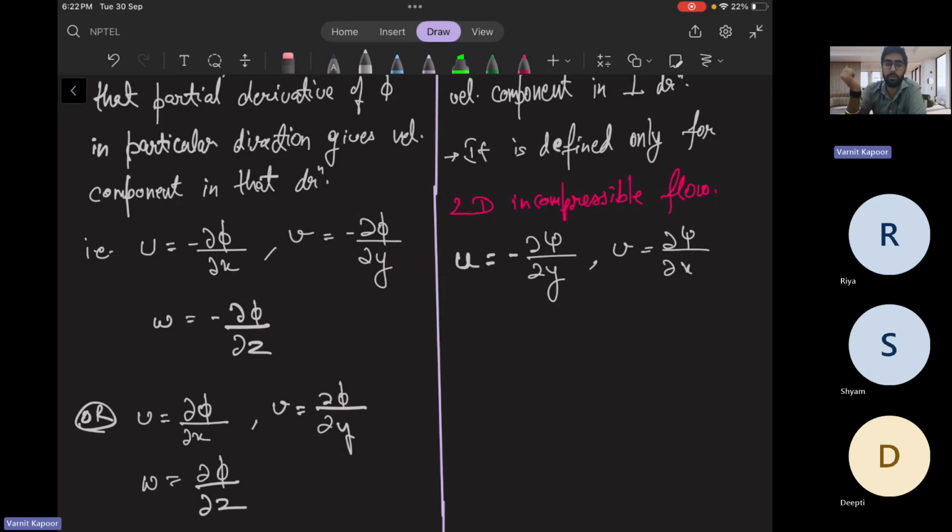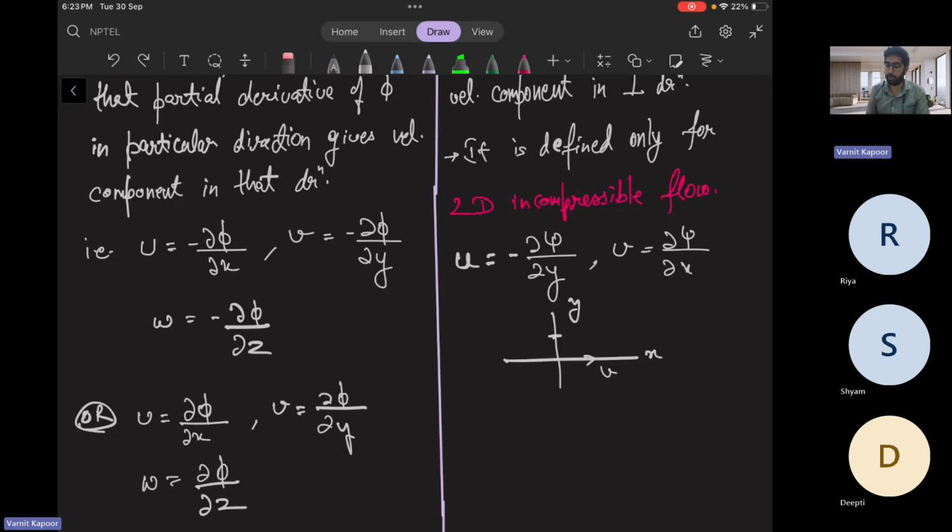Okay. So when I'm taking the derivative in the y direction, I'm taking the velocity u in the x direction, so I'm going clockwise. Suppose this is y, this is x. That is why clockwise has a negative sign.